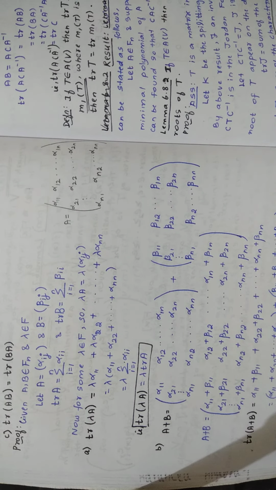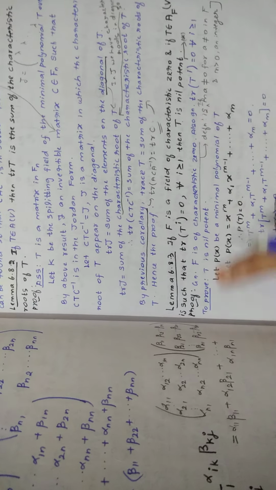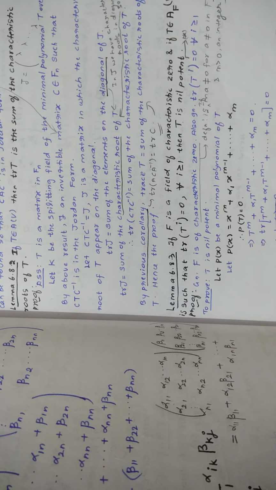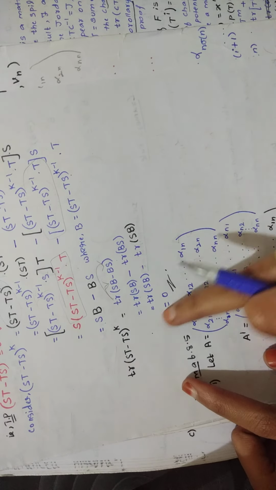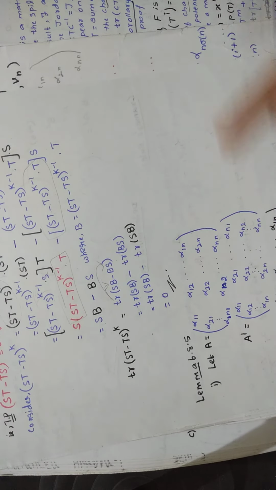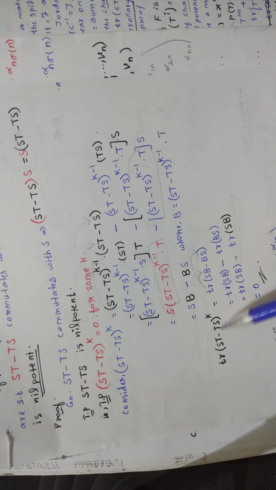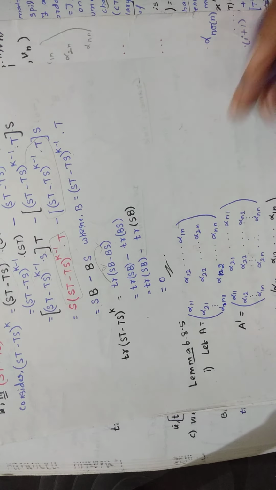So you are saying that from this lemma, Lemma 6.8.3, by using this lemma, if we get the trace of this value equal to 0, you can say st minus ts is nilpotent. By the lemma you are saying.